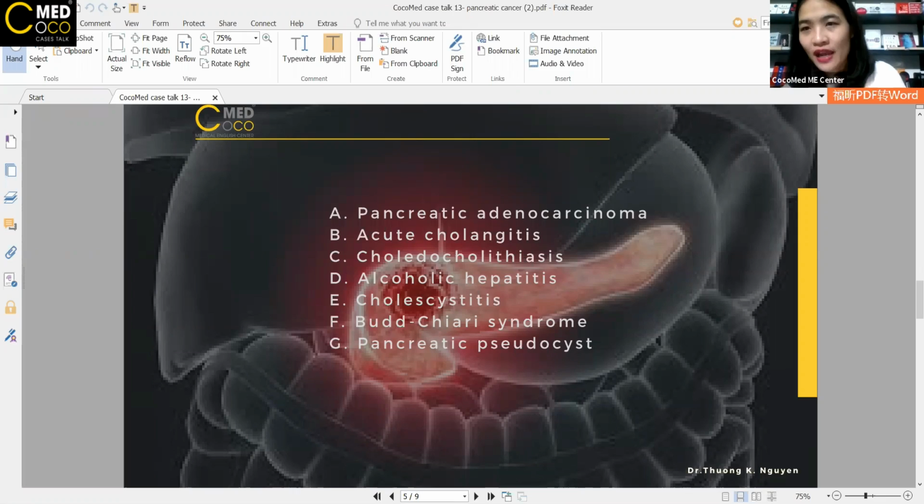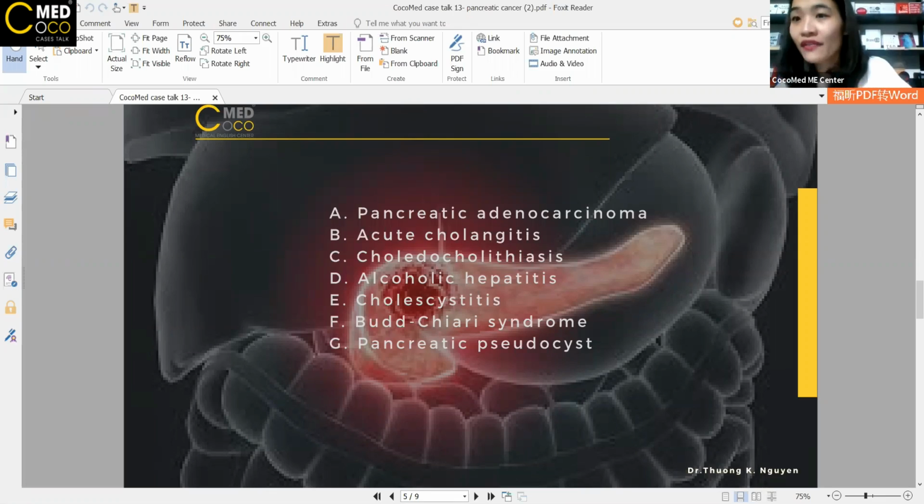Actually, this patient has a very high risk from the past medical history. The patient has cigarette smoking, which is one of the most common risk factors for pancreatic cancer. And for what you said, the ampulla of Vater, sometimes we call it Vater carcinoma, this can happen, but it's rarer than pancreatic adenocarcinoma.